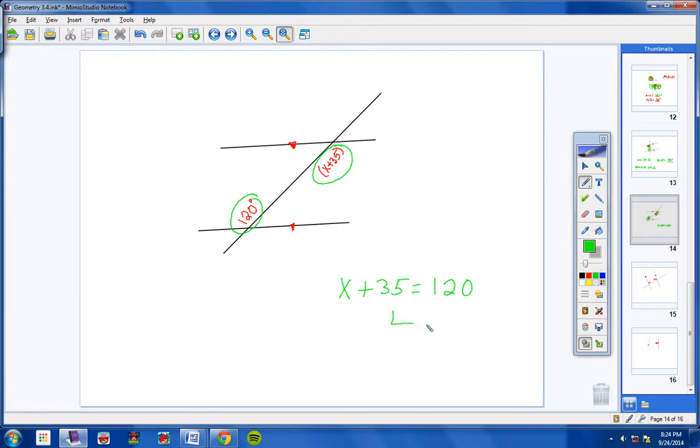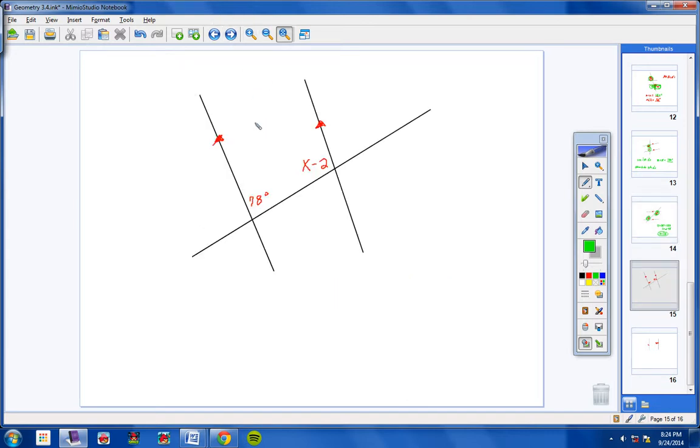Now bring your 35 over and make it a negative 35, and you're left with 85 for x. X equals 85. Not too hard, guys. Because if you put an 85 right where the x is, 85 plus 35 is 120, and this angle should be 120 because this angle down here is 120 degrees. All right, continuing on to our next to last problem.